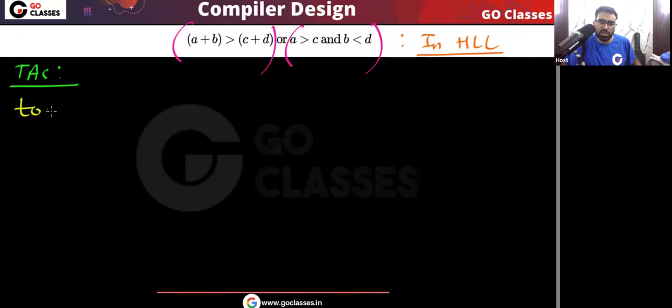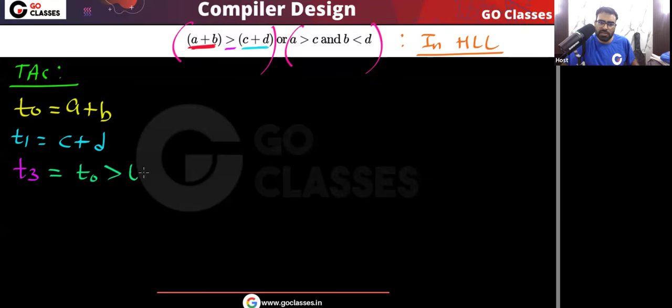That is very simple. In T0, we can put A plus B. This A plus B we will compute and put in T0. This C plus D we will compute and put in T1. Then we have T2, another temporary variable, and in this we will put T0 greater than T1.